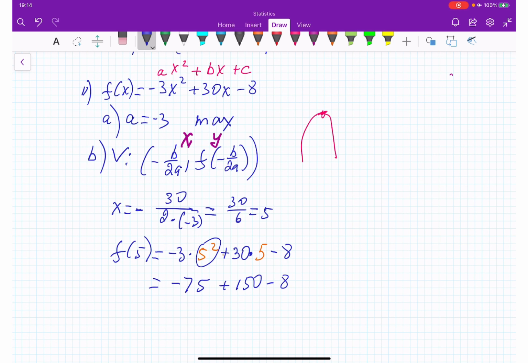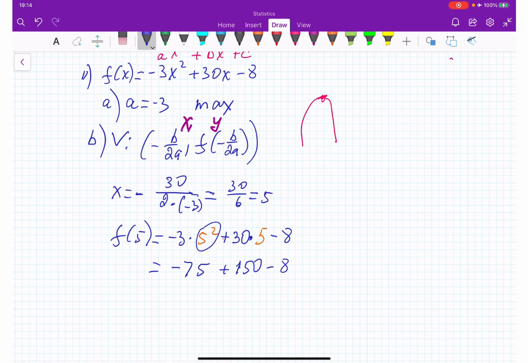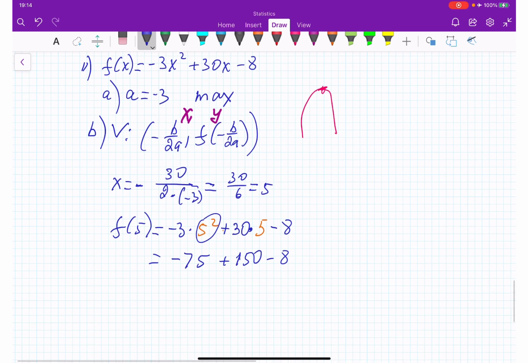Negative 75 plus 150, 150 minus 70 is 80, and 80 minus 5 is positive 75. 75 minus 8 is going to be 67. So my vertex is going to be (5, 67).